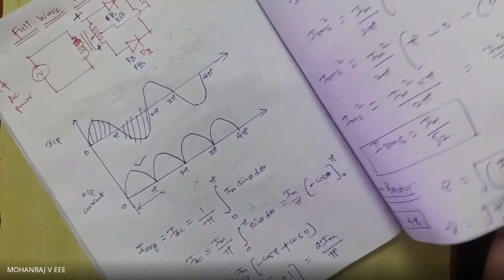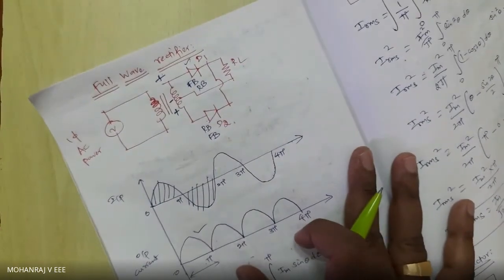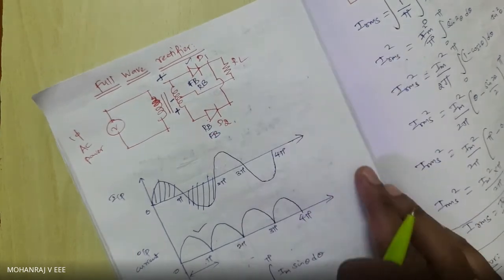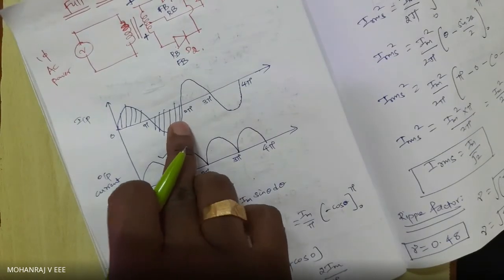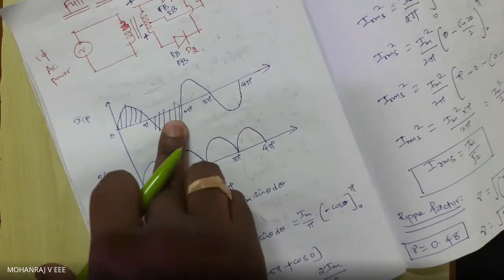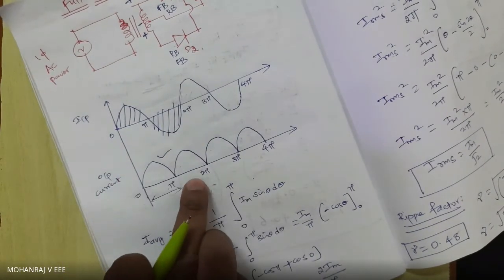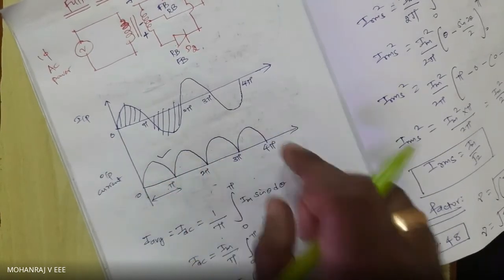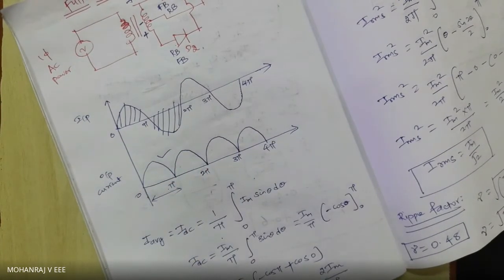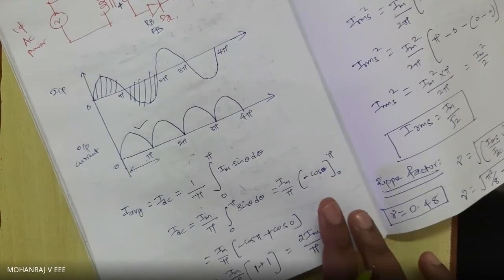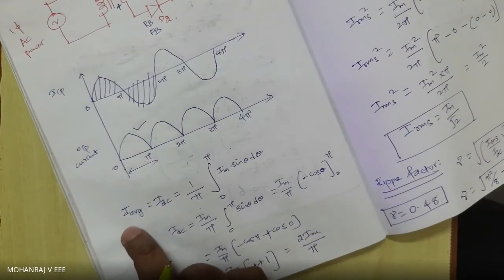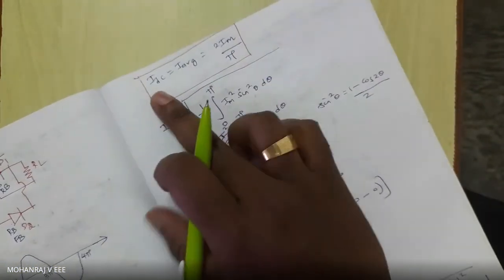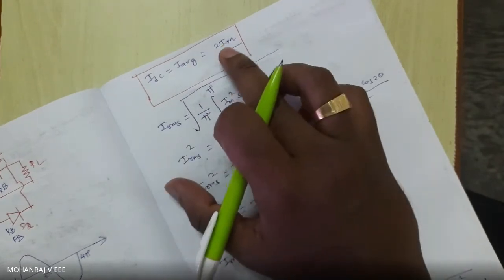So I will repeat what we have done in the full wave rectifier. This is the circuit diagram of the full wave rectifier. Input of my rectifier, output current of my rectifier. We don't have any negative cycle, we have only positive cycles. Then we calculated IDC, I average, they are one and the same. IDC is equal to I average, which is Im by pi.